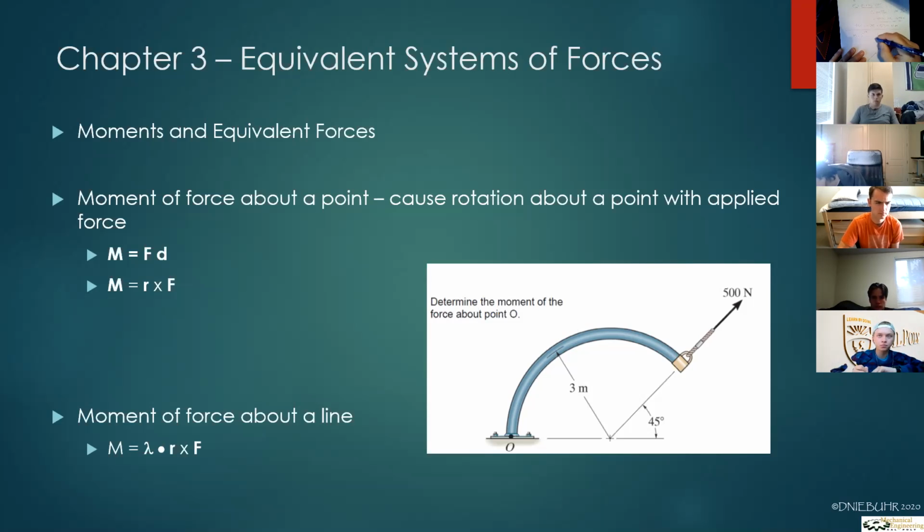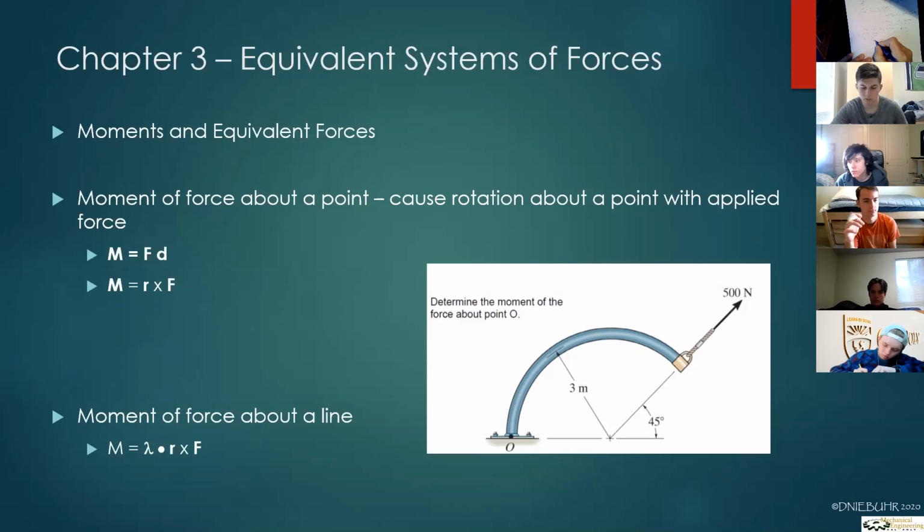Let's say I have a line. So this would be my line. If I want to know what the moment about this line is, let's say it's line AB, it's going to be the unit vector of line AB dot product with R cross F.